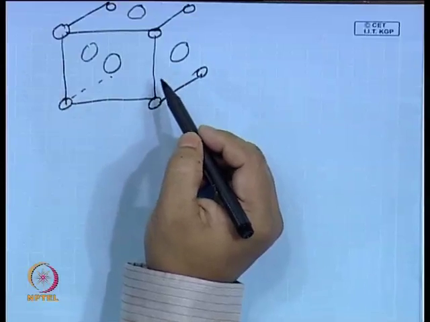Now, I said interpenetrating network of face centered cubic lattice, that means you have one such cube, you place another cube on top and then move that cube by a distance, as I pointed out in the last class, 1/4, 1/4, 1/4 in x, y and z direction. Whatever structure results would be this interpenetrating network of face centered cubic lattice structure, which is basically the crystalline structure of silicon.